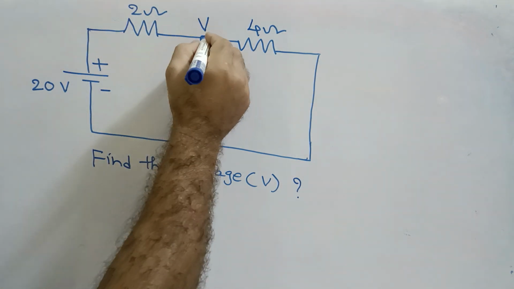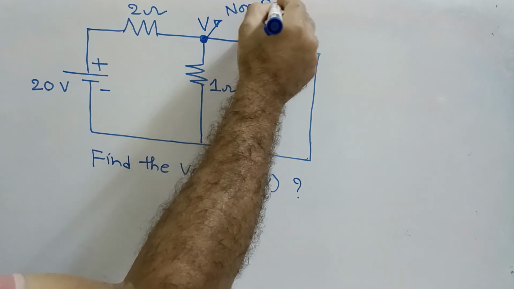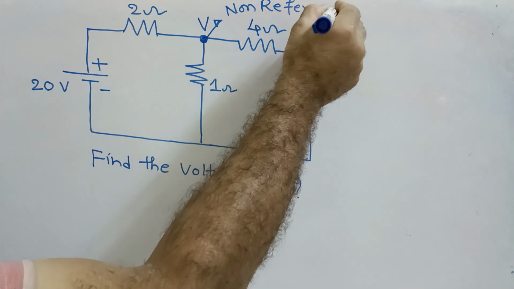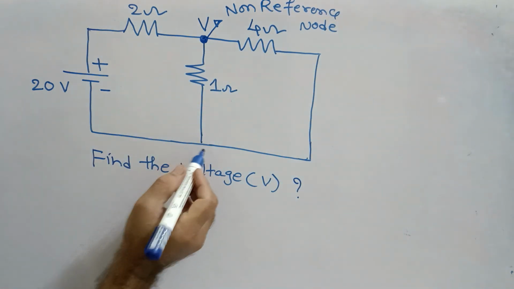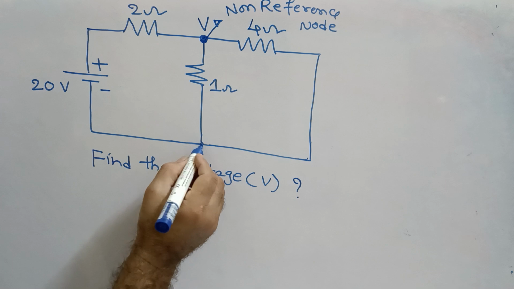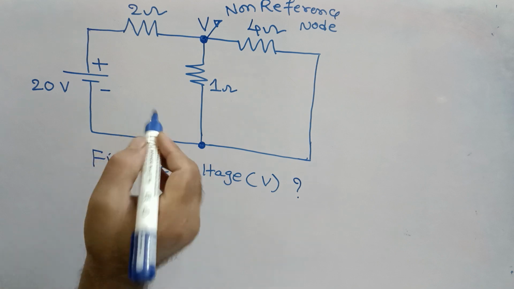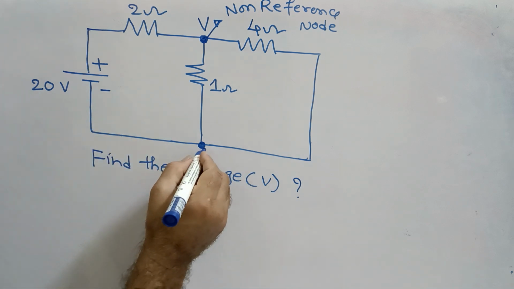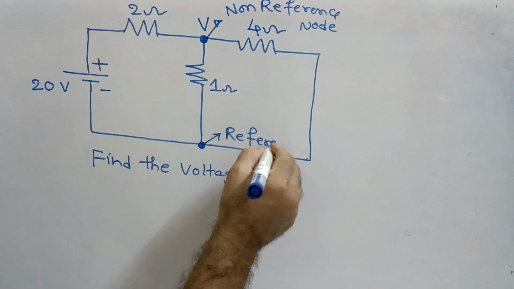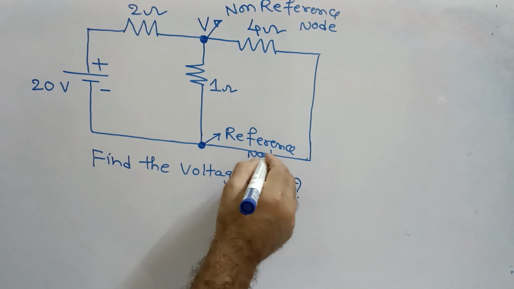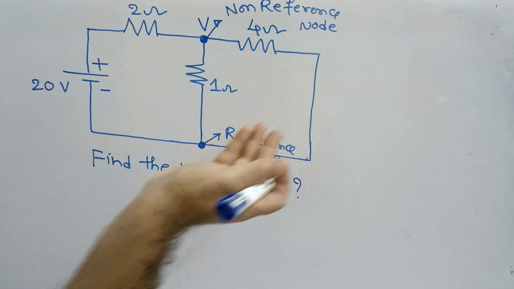This node is called the non-reference node. The other node, which we normally consider as the common node or ground point, is called the reference node. Remember this: in any given circuit we have one reference node, and there can be a number of non-reference nodes.